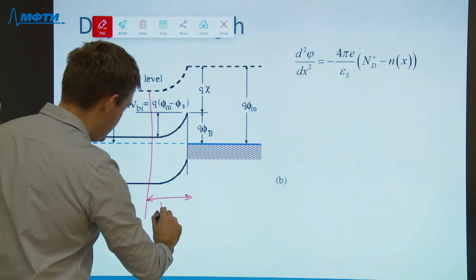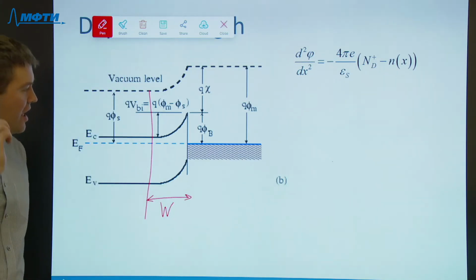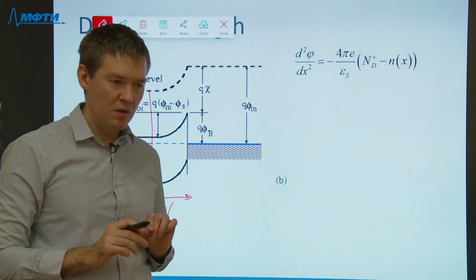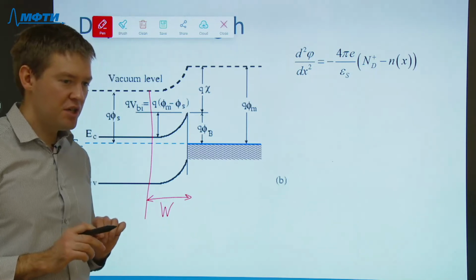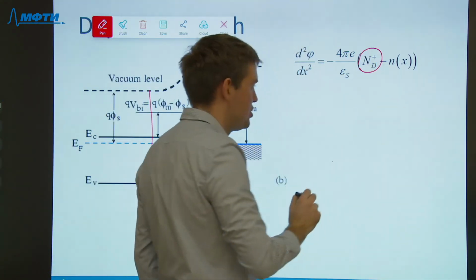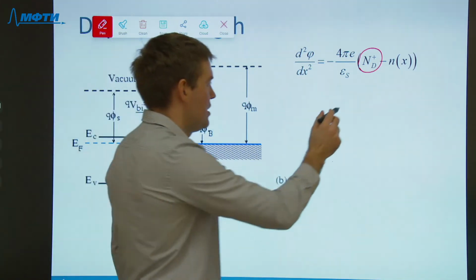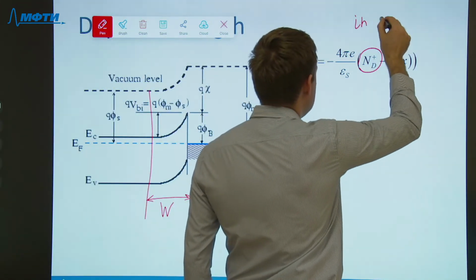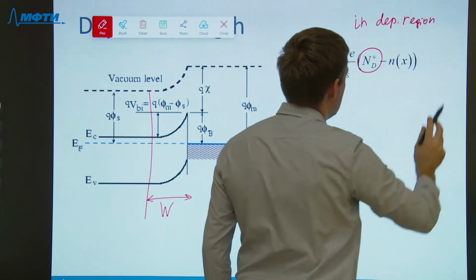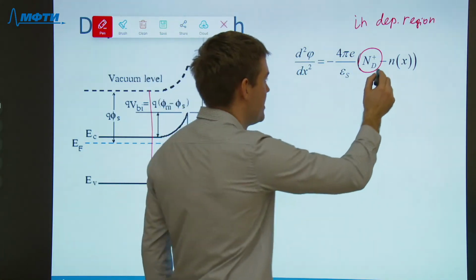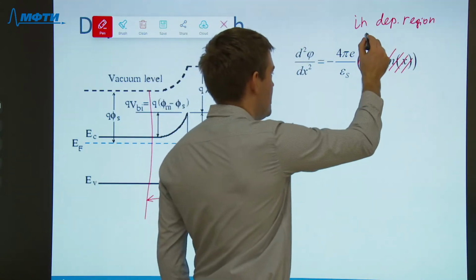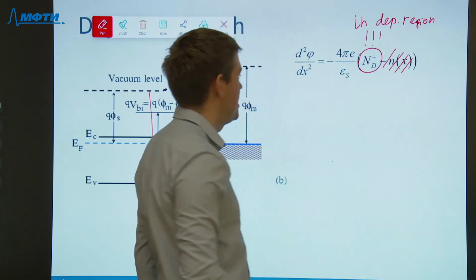Its width is denoted by W. And in this region, the amount of electrons is so small that the charge is created only by positively charged donors. So in the depleted region, this equation is largely simplified. In this region, we can drop the electrons and we can retain only the charged donors.